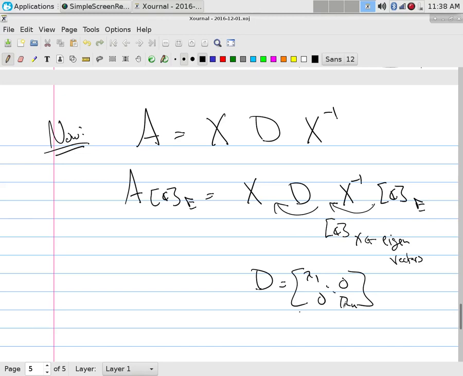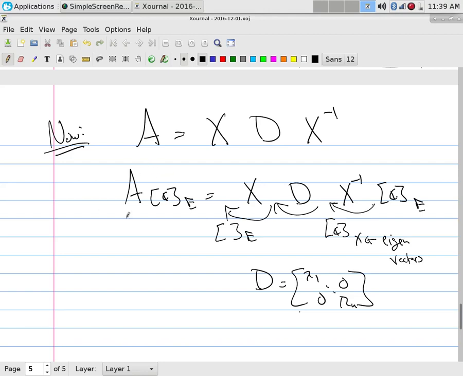It's going to take the second coordinate and multiply it by lambda 2. The third coordinate by lambda 3. That's all it's going to do. It's going to take every one of those coordinates and just simply multiply directly by the eigenvalue in its position. Hey, coordinate 1, you get a lambda 1. Coordinate 2, you get a lambda 2. But then when I multiply by X, where do we go back to? Standard. Back into standard form.